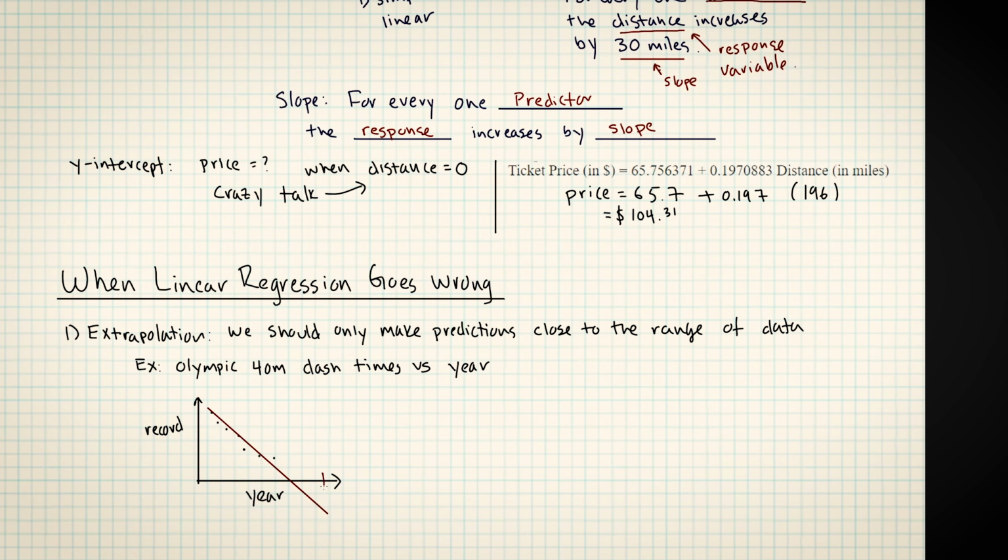And if I make predictions, let's say this is the year 3000 or something, then if I were to make predictions in the year 3000 based on the data that we have right now, I would actually predict a negative 40-yard dash time. So this means that the racer finished the race before it even started. And I don't care how fast you are, that's not possible. So you can only use linear regression to make predictions around the data that you have.